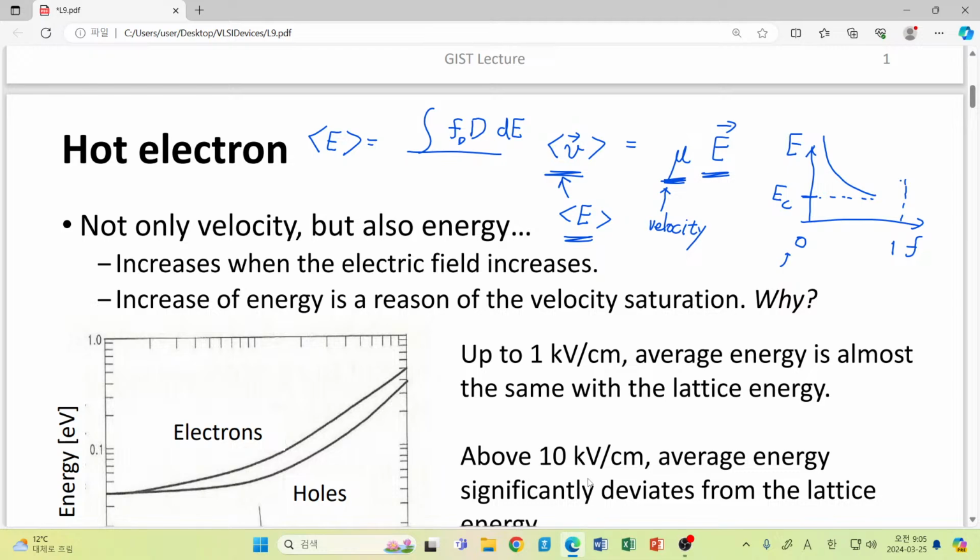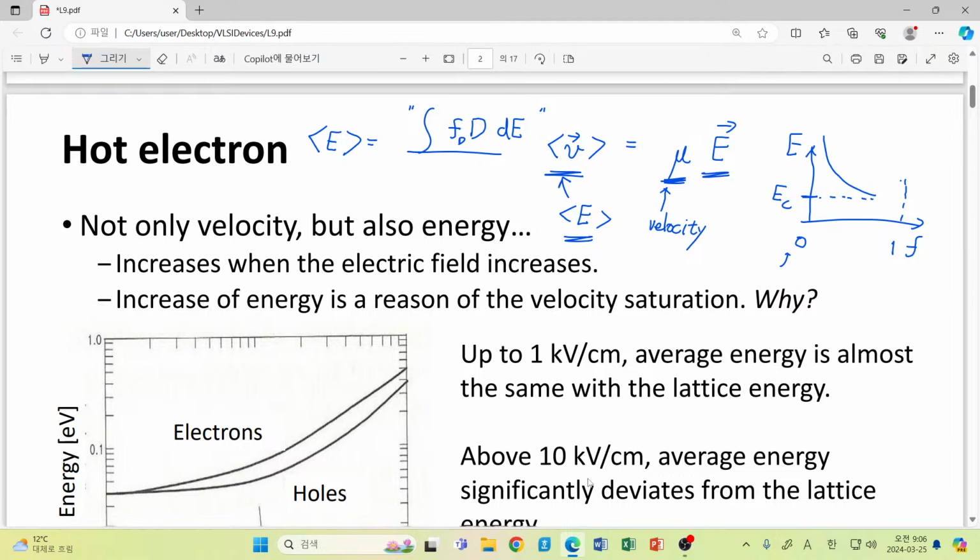If we just perform this integration, what was the answer? It will give you the electron density. But our purpose right now is not to calculate electron density, but to calculate average energy.